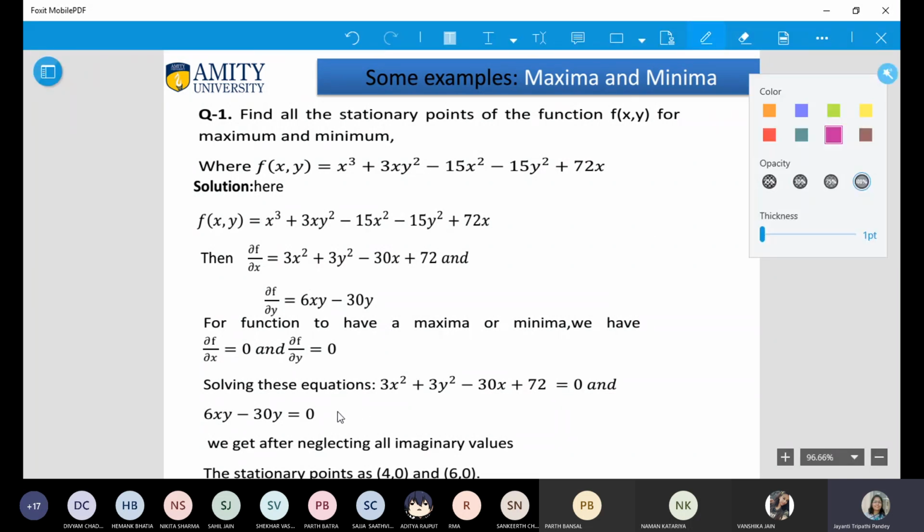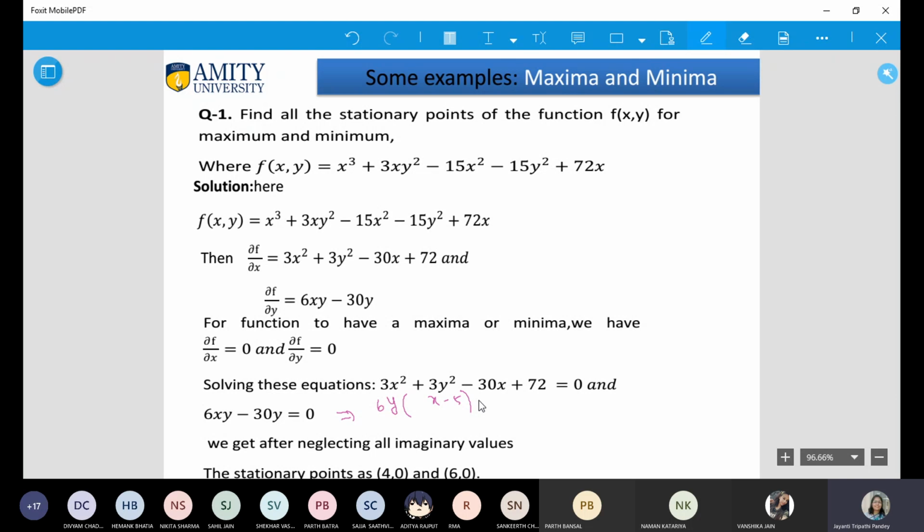Luckily here you are able to find that you take out 6y as common, then you are getting x minus 5 as 0. So one value you are getting is x equals 5, and y equals to... how come you are getting x equal to 5? This should give you x equal to 5, right?